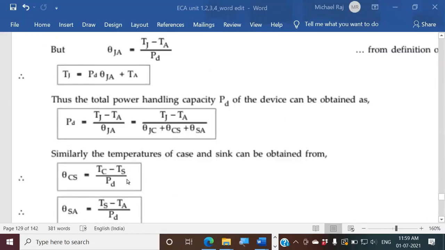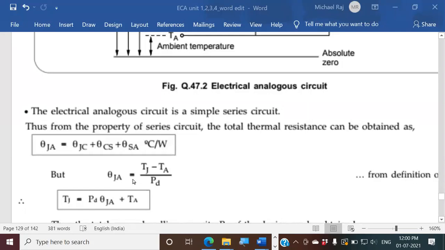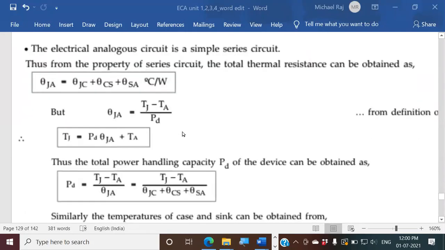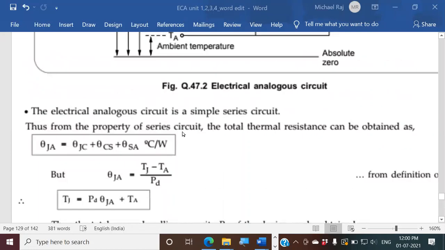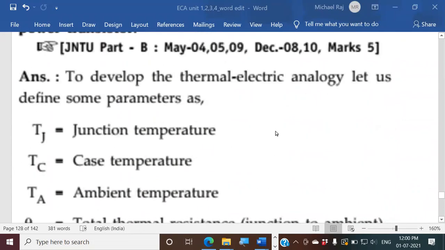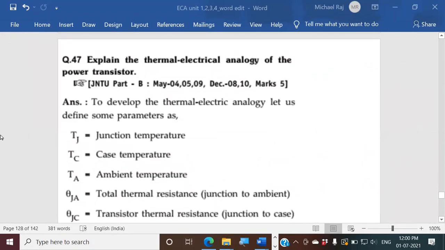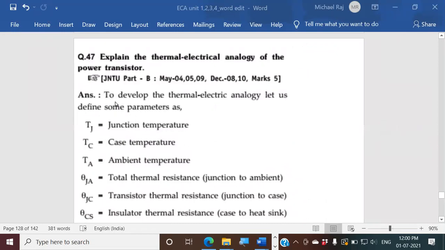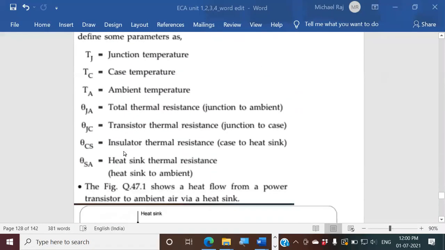So if they ask a question on thermal resistance, you can write all this. You know what is Tj, what is Tc, all this explanation you can write.